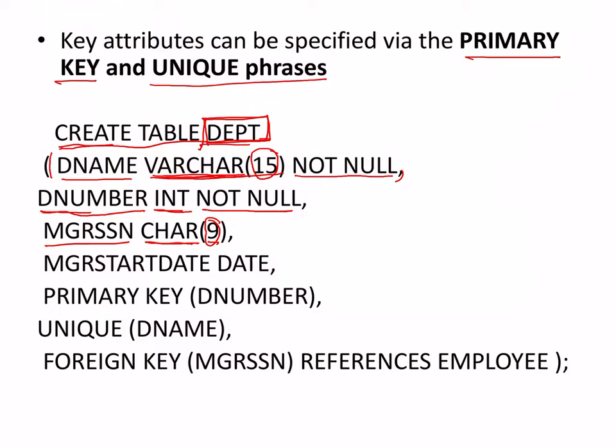It has a combination of characters and numbers, so you might very well use this particular data type. When you know it is purely going to be integer type, then you might use integer. So your roll numbers are purely integer type, so you might use integer, and not null, you do not want your roll numbers to be null. And then character, when you want a certain column to be only character data type, then it's char. Then there is manager start date, that is mentioned as the data type date.